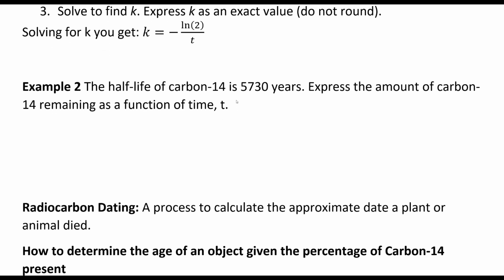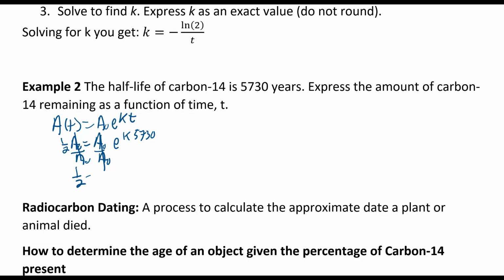So the half-life of carbon-14 is 5,730 years. Express the amount of carbon-14 remaining as a function of time t. So we're using A of t is A sub 0 e to the kt, and as I just showed above, 1/2 of A sub 0 is A sub 0 e to the k times 5,730. Dividing by A sub 0, that divides out.